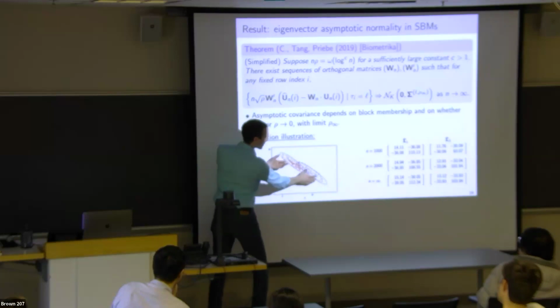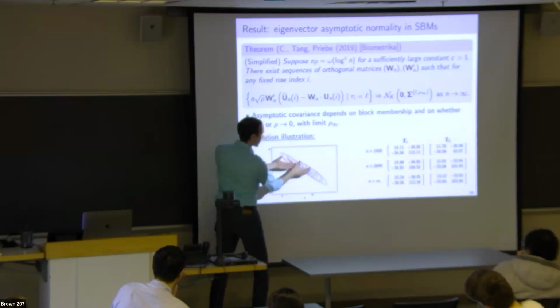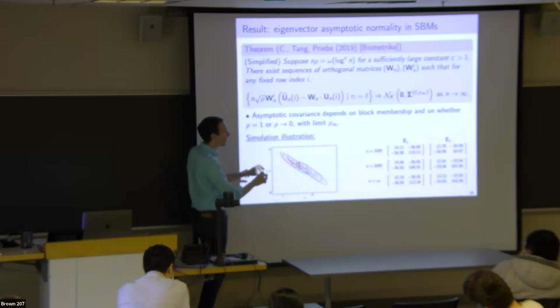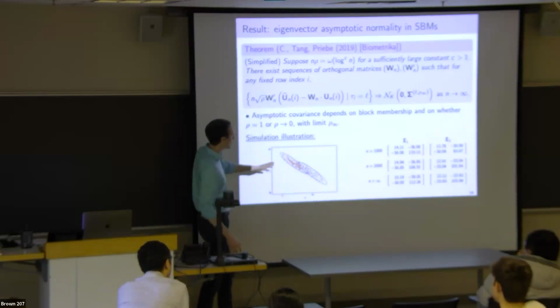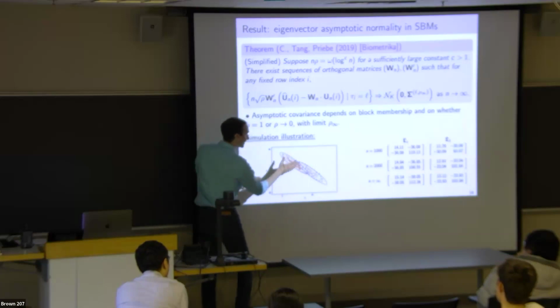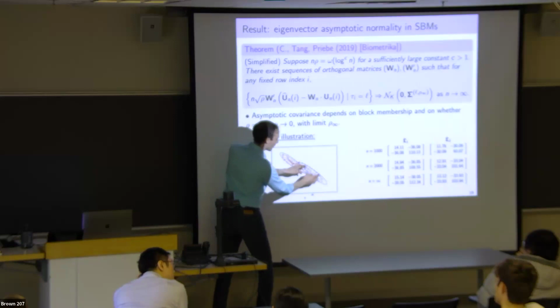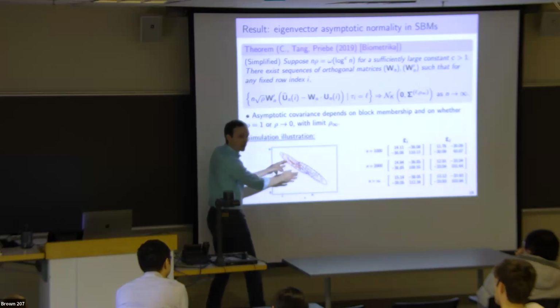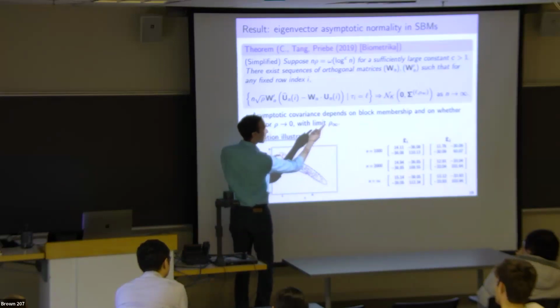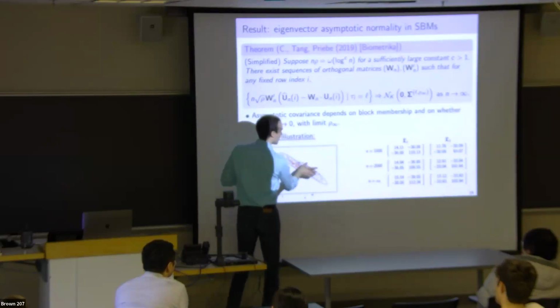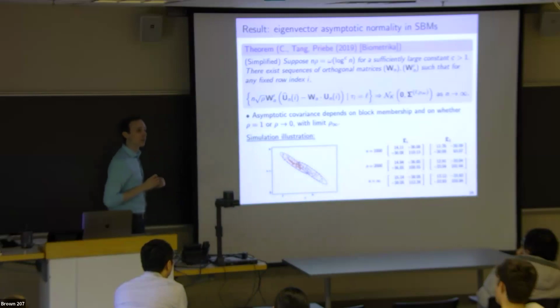So the dashed lines, blue, they're close. They're not exactly on the solid black lines, but this is for a relatively small graph. I think there are only 200 nodes here. So what we're seeing is elliptic structure. We're seeing that the red points behave differently from the blue points, and that's illustrating the fact that we have different covariances and different Gaussian components for each cluster.